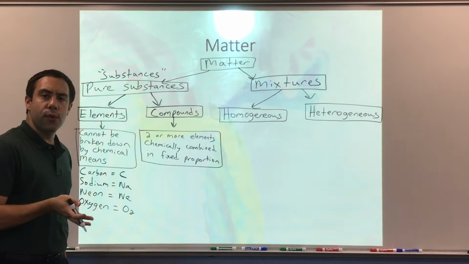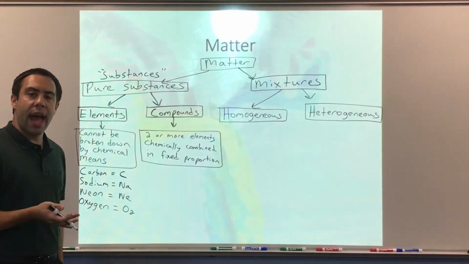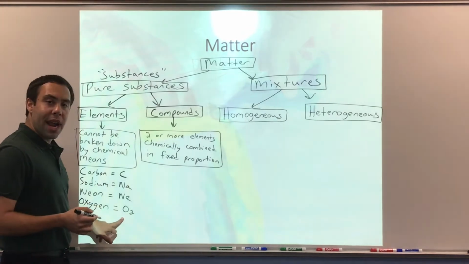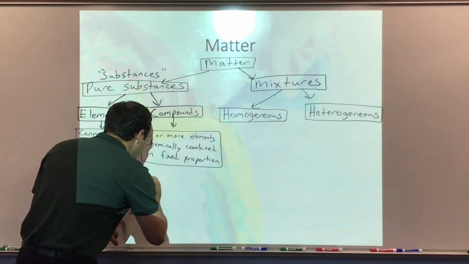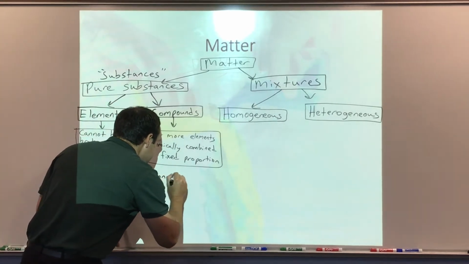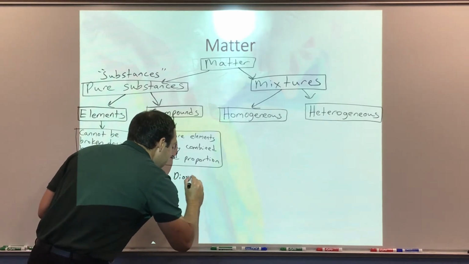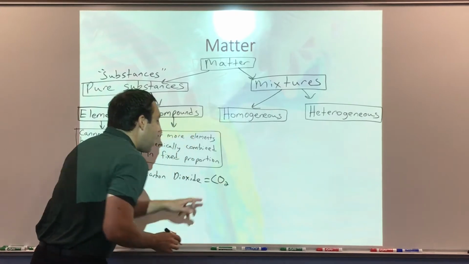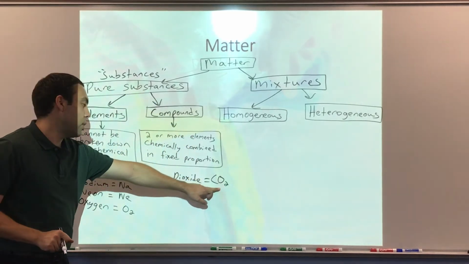So if you see two or more capital letters, that is going to be a compound. So for example, we could take carbon and oxygen, put them together, and get carbon dioxide, which is capital C, capital O, and there's two oxygens in CO2.